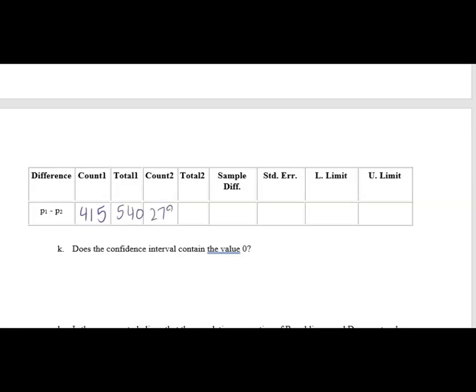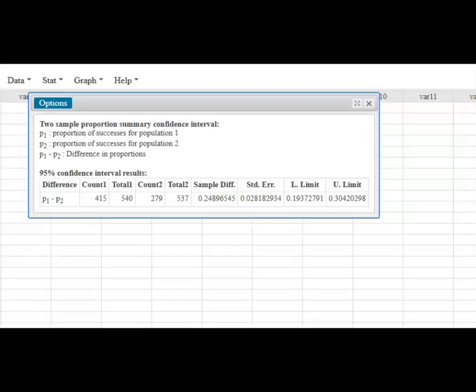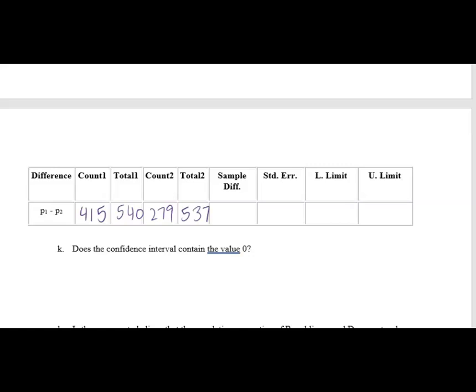The other one was 279 out of 537. And by the way, I'm getting this directly from StatCrunch. I'm just copying it right from this table. The sample difference was 0.2489. I'm just going to round it to 0.249. So that's the difference in the sample proportions.